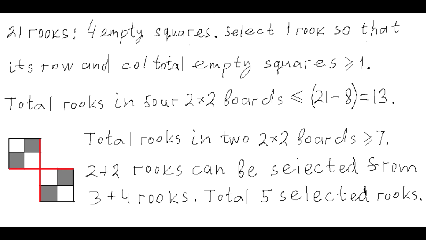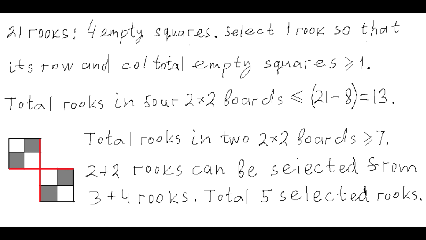Obviously, it's possible to do. The total number of squares in the row and the column that contain the selected rook is 9. So the maximum number of rooks placed in this row and this column is 8. If we subtract 8 from 21, we will get 13 rooks. This is the minimal number of rooks placed in the remaining 4 by 4 board.